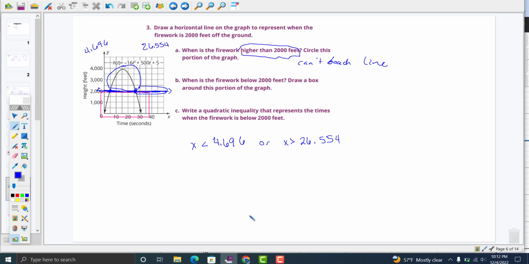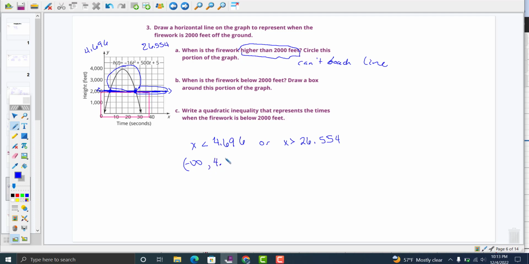But we have another way of writing this. This is called interval notation. And interval notation says, I want to see what is the smallest it can be. And so the smallest it can be is going to, in this case, be negative infinity. Because if I'm going down less than this 4.696, then I'm going to be at negative infinity.